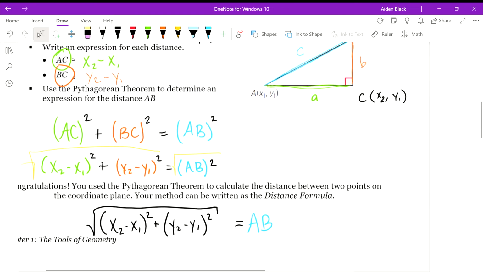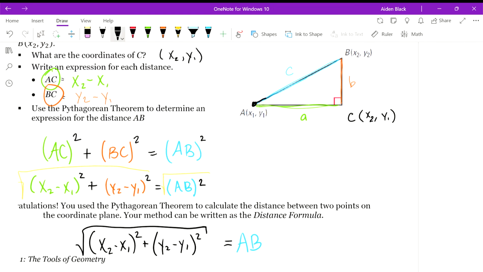This tells us the distance from point A to point B using the horizontal change and the vertical change between those 2 points.